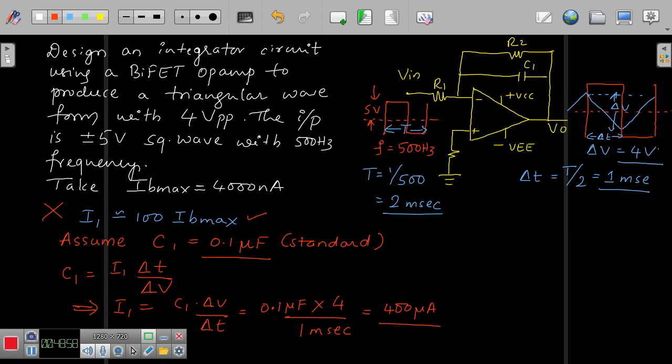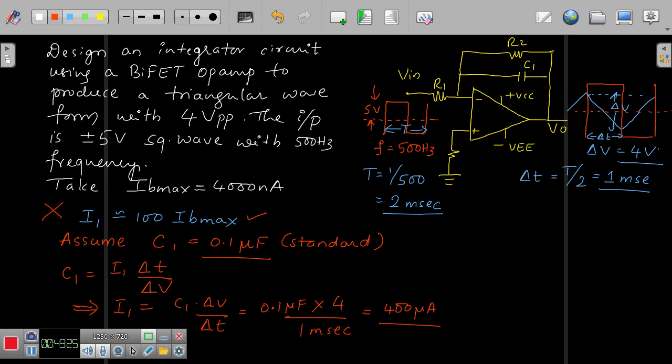Now you calculate the value of I1 using the first formula, 100 times IB max. Can somebody calculate the value of I1 using 100 times IB max?